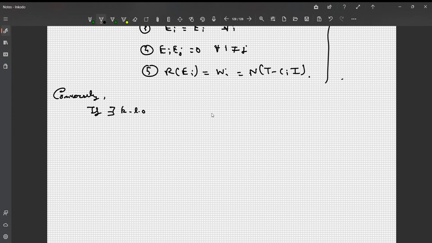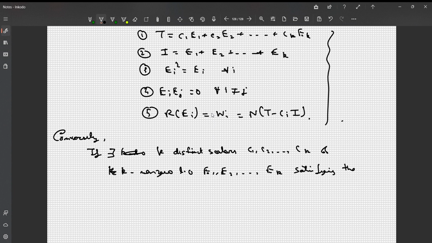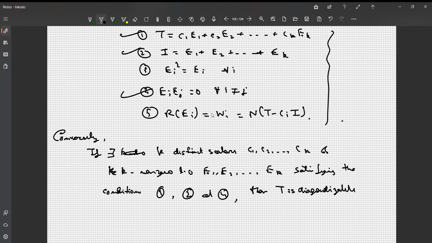Conversely, if there exist k distinct scalars c1, c2 till ck, and k non-zero linear operators E1, E2 till Ek, which satisfy the conditions 1, 2, and 4, then T is diagonalizable.